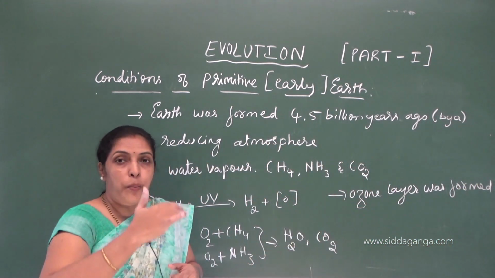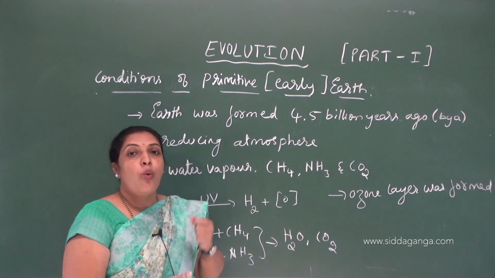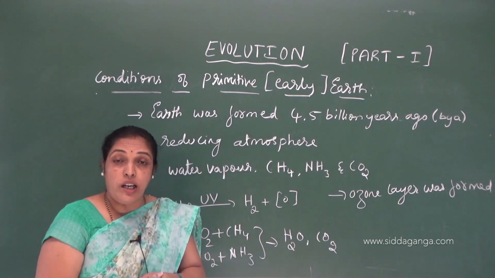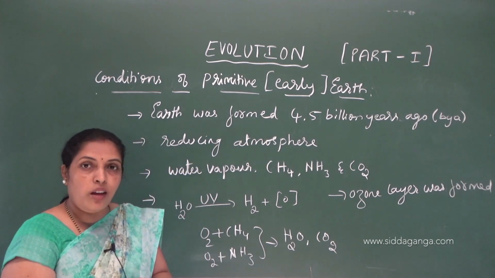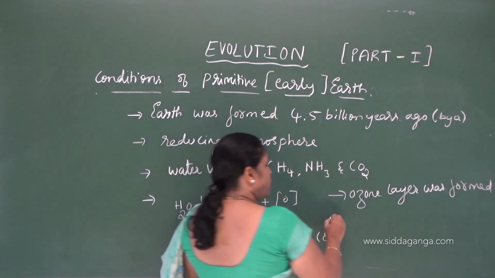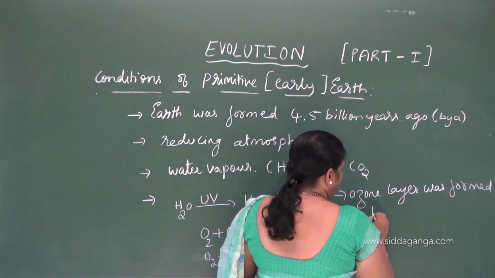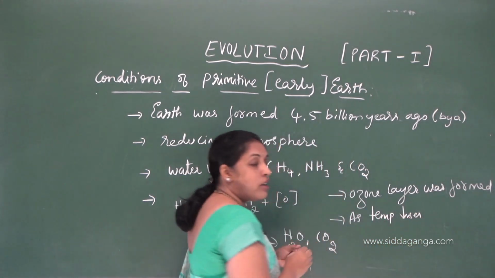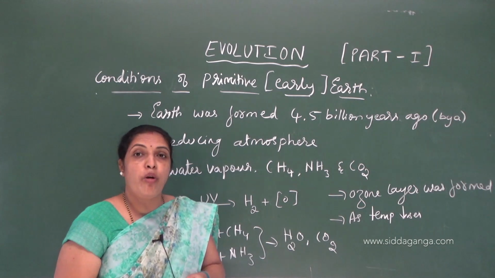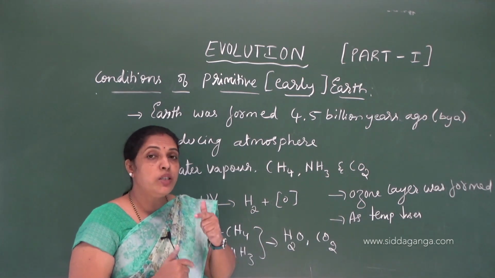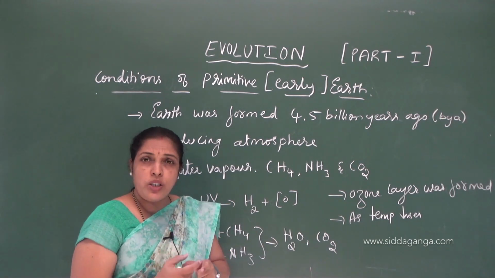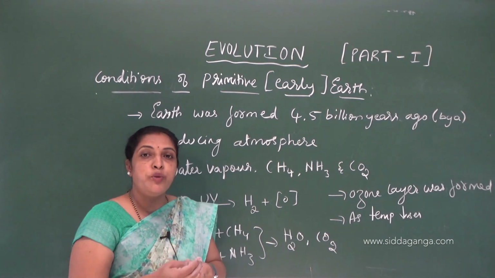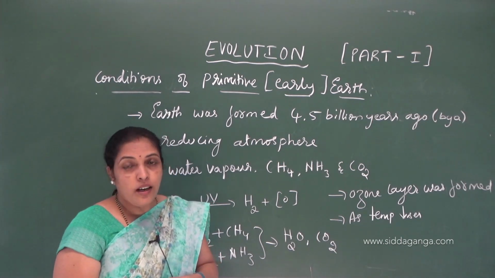Once the temperature started coming down, water started reaching the Earth in the form of rain, torrential rains, continuous rain. That also helped to bring down the temperature of the Earth.